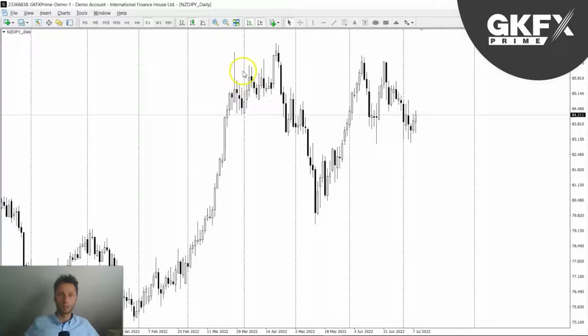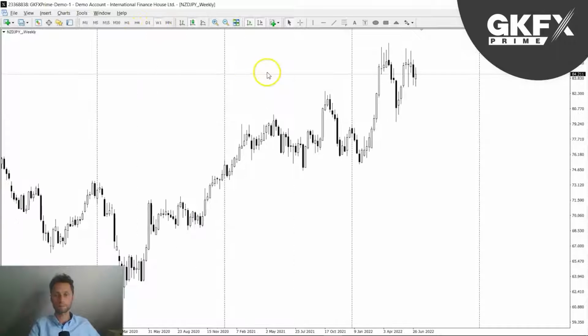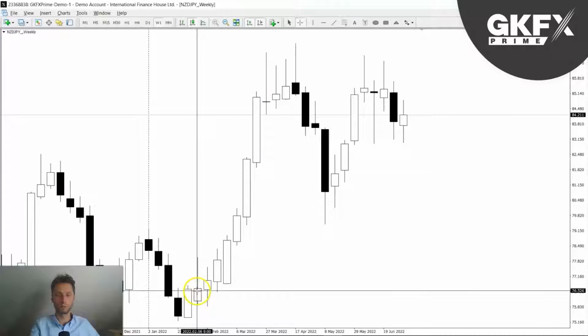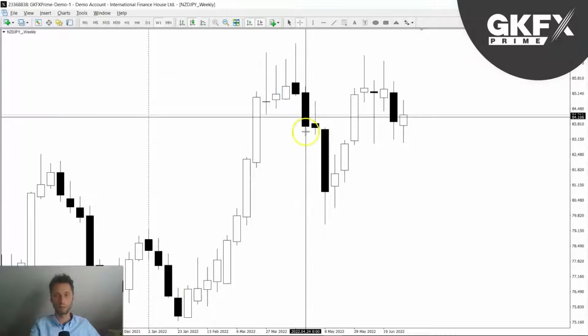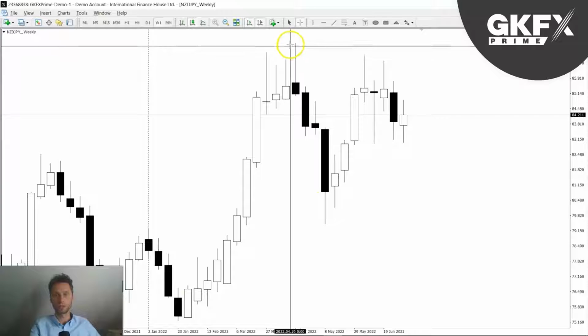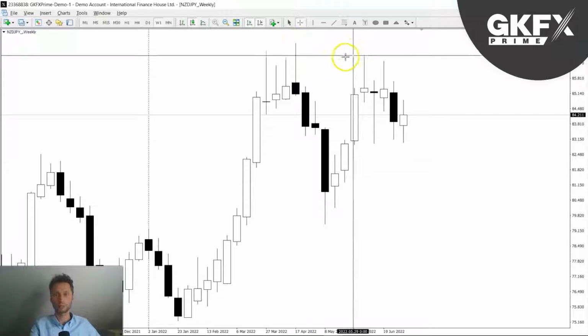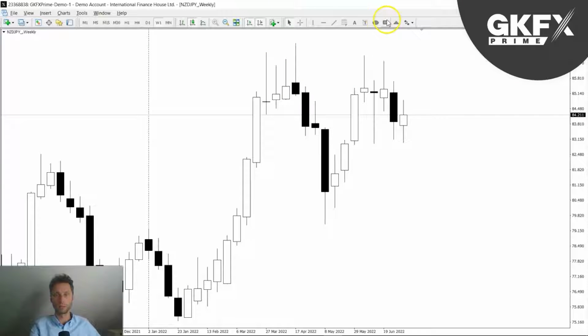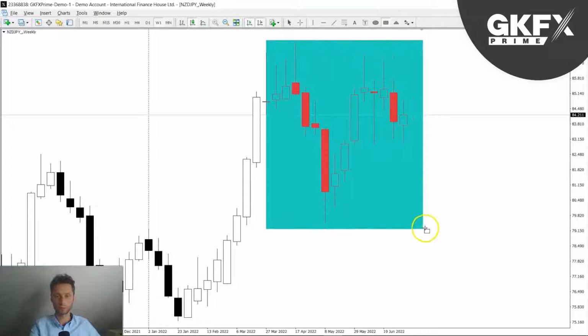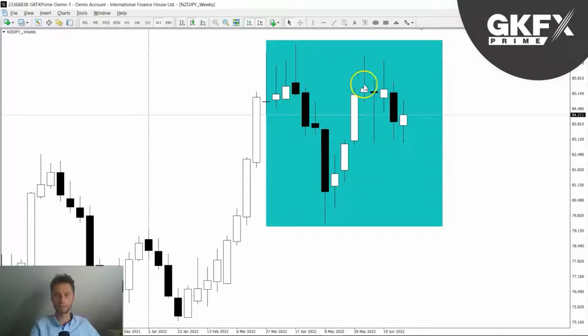The reason I've spotted New Zealand yen here, I'm going to look at the weekly once again, is we've had this move up here. We've had the retracement and we failed to breach this high. So this is now a sort of range, if I draw this out, that I'm looking at.